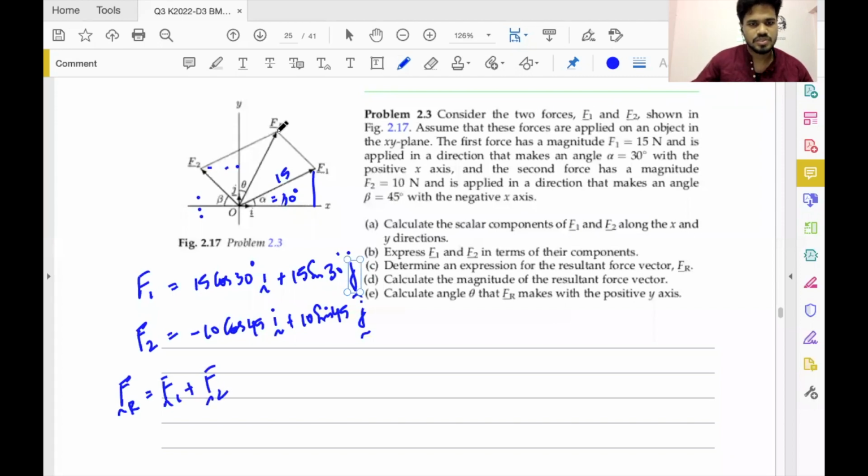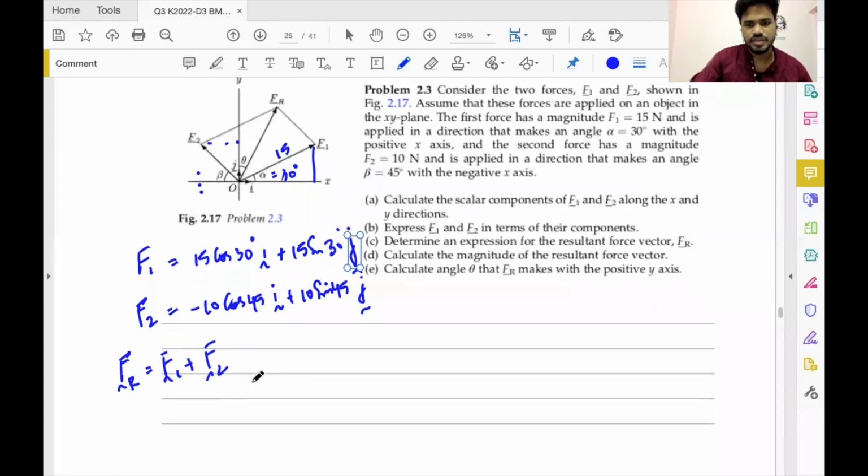Can you tell me what this resultant is? Oh, no, there's cos 30 and cos 45. Can you quickly tell me what is the I component here and the J component?